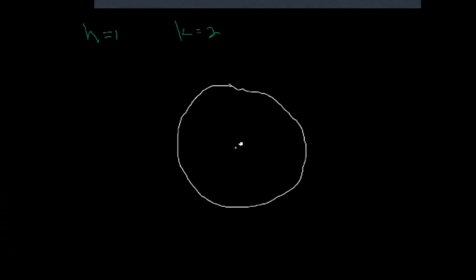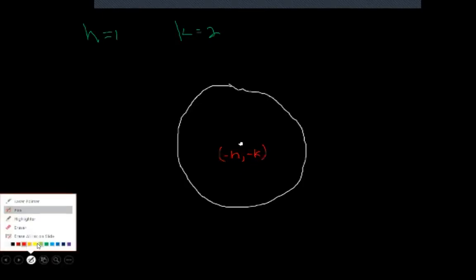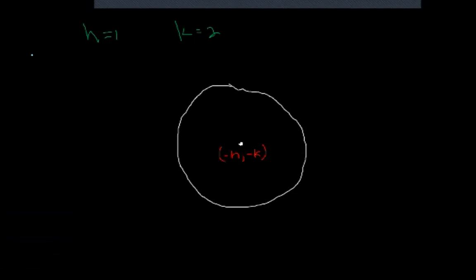We said that the coordinates for the center of the circle isn't h, k. It's minus h, comma, minus k. Minus h and minus k. So if I wanted the center, what we're doing right now, we're trying to find the coordinates of the center. I need to find minus h and I need to find minus k.